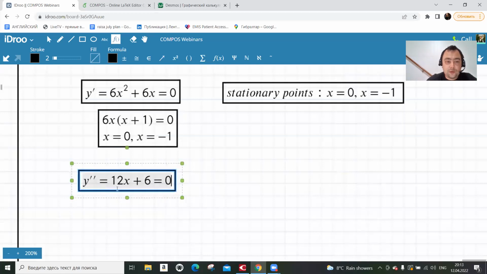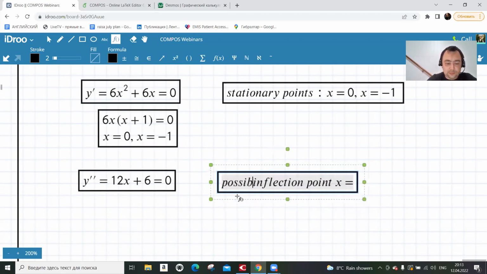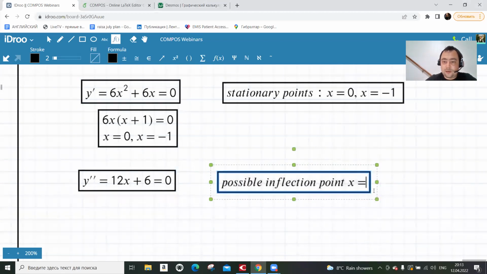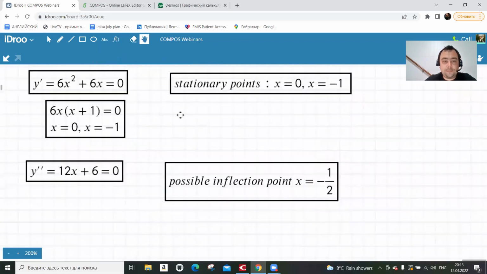And this is equal to 0 when x is, well, possible inflection point, x equals minus a half. All right.